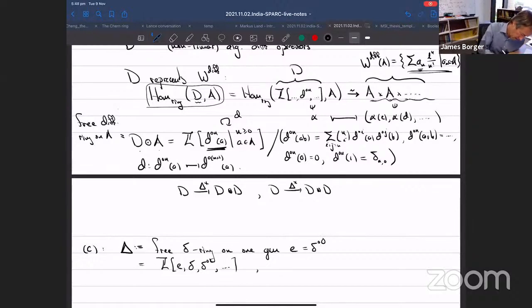And what is the delta structure on here? Because this is just a polynomial ring, we can define delta to do whatever we want on the generators. So just as in the differential case, we define delta this way. Another way to put it is the Frobenius map corresponding to the delta will send this symbol here to its pth power plus p times delta of it, which should be delta n plus 1.